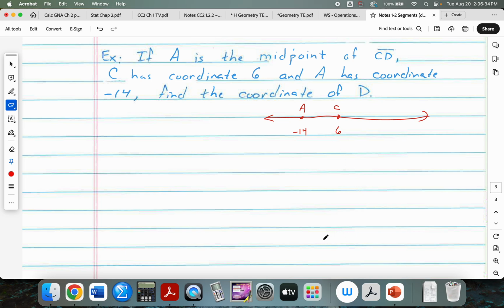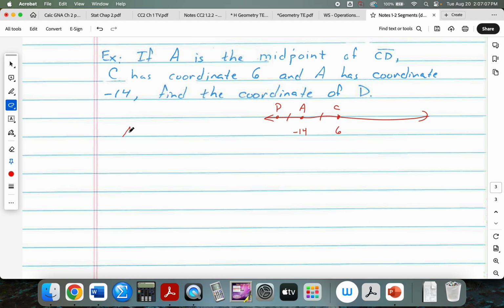And it says A is the midpoint of CD. If A is the midpoint of CD, where does D have to be? Where on this number line? On the negatives? Yeah, on the negatives, which direction from A? Left. To the left of A. That's exactly right. D has to be here. And these two segments are supposed to be the same length.